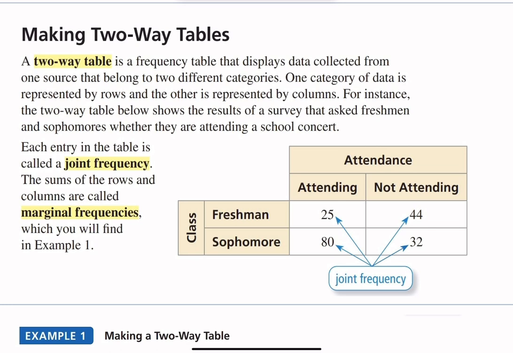In this example, they give you the frequency table. The 2 categories are the attendance and the class. Each entry in the table is called a joint frequency, each number in the table. And then the sums of the rows and the columns, so the totals, are called marginal frequencies.